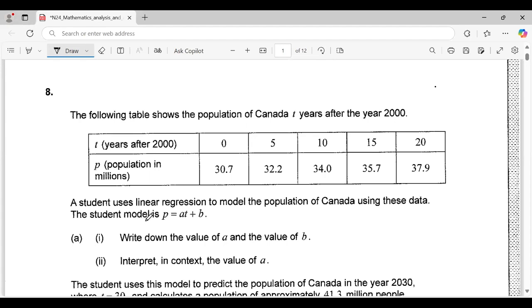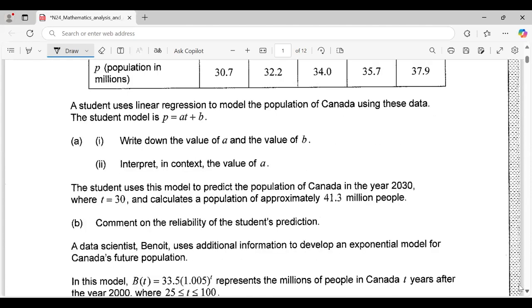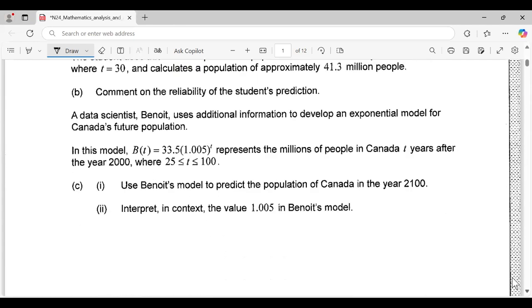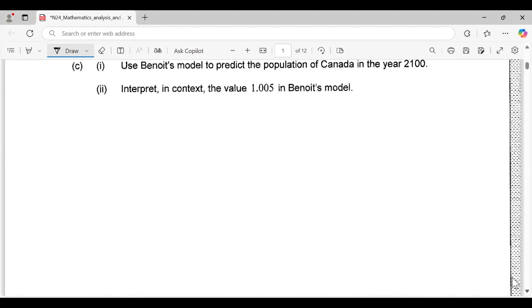The student model is P equals AT plus B. Write down the value of A and the value of B. So we are going to figure out the value of A and the value of B, according to that data.